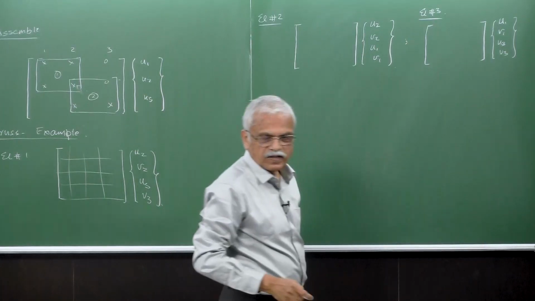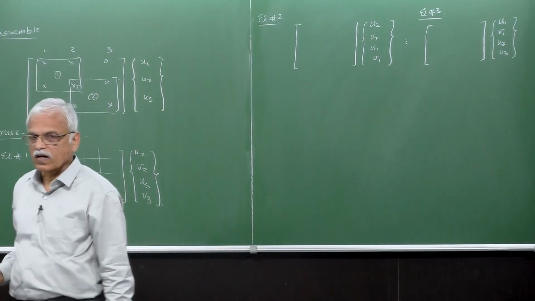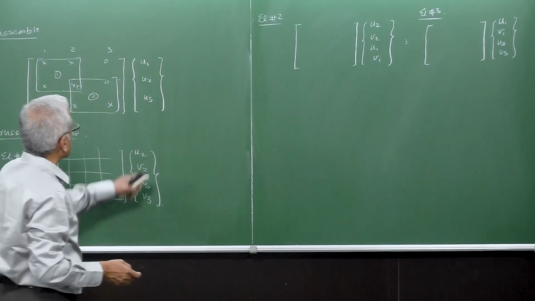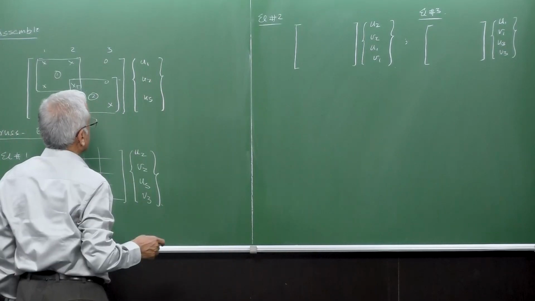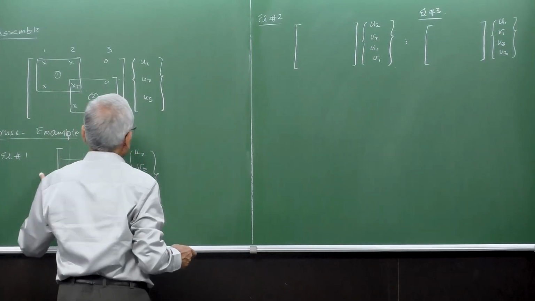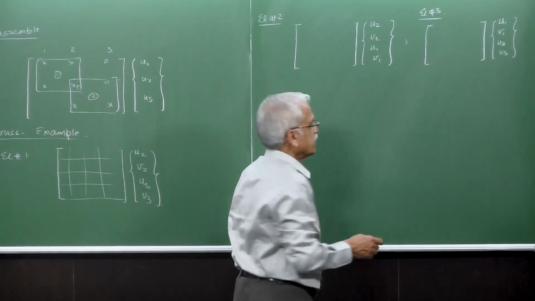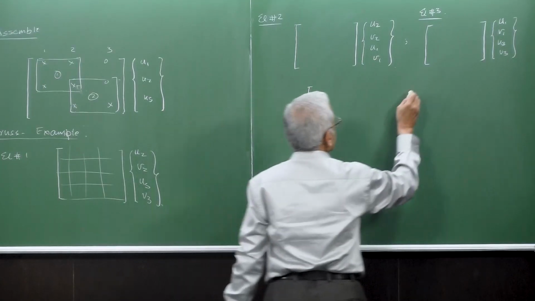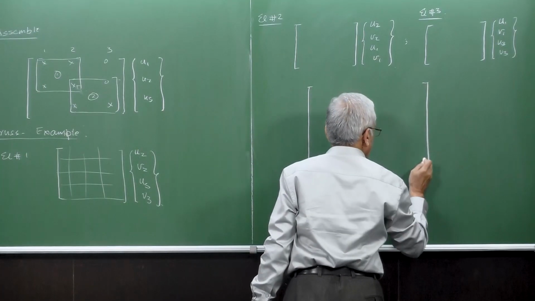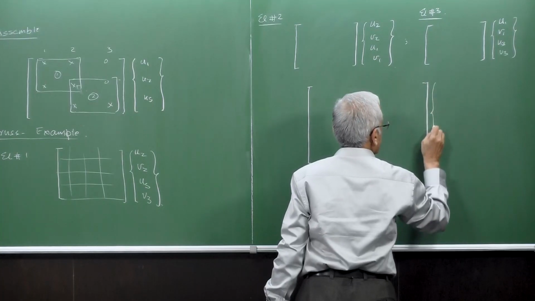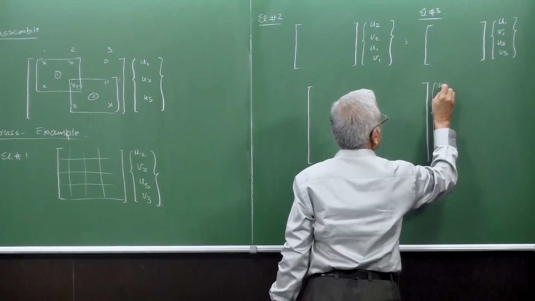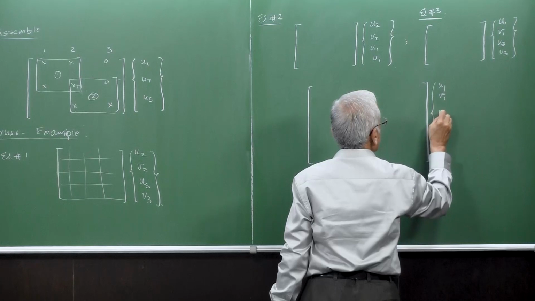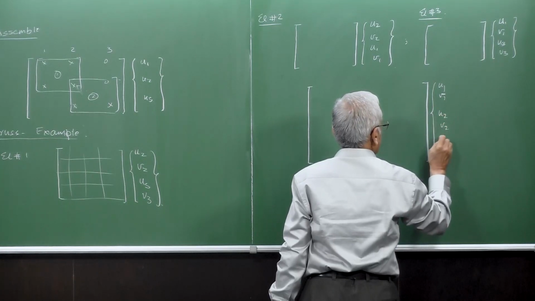These are the 3 elements which are supposed to take care of these degrees of freedom, right? There's element 1, 2 and 3 here. Globally you also have to see that you have U1, V1, U2, V2.